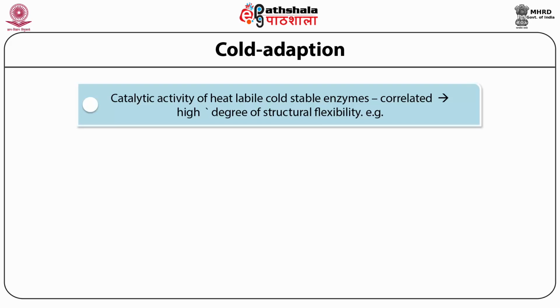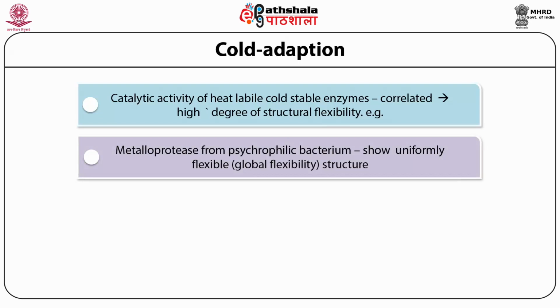So let us look at examples of one or two enzymes which have structural features contributing to their higher catalytic activity. For example, metalloproteases from a psychrophilic bacterium show a uniform flexible structure, where the overall protein of this enzyme is flexible.